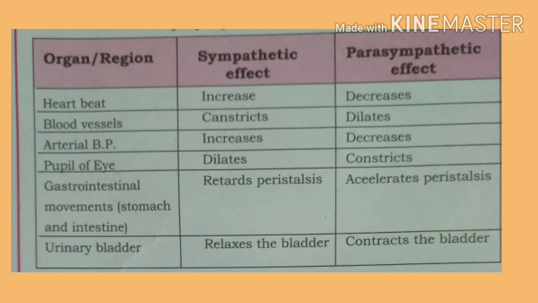Blood vessels contract in the sympathetic effect and dilate in the parasympathetic. Arterial blood pressure increases in the sympathetic effect and decreases in the parasympathetic. The pupil of the eye dilates in the sympathetic and constricts in the parasympathetic. Gastrointestinal movement: sympathetic retards peristalsis, and parasympathetic accelerates peristalsis. Urinary bladder: sympathetic relaxes the bladder, and parasympathetic contracts the bladder.